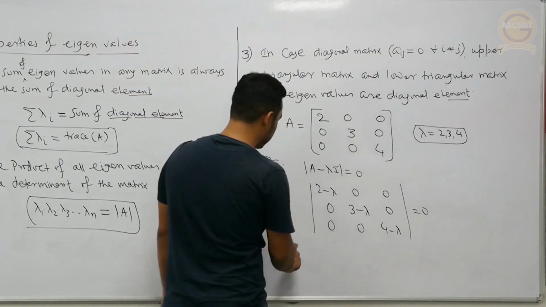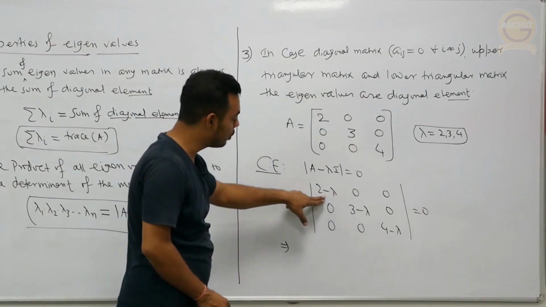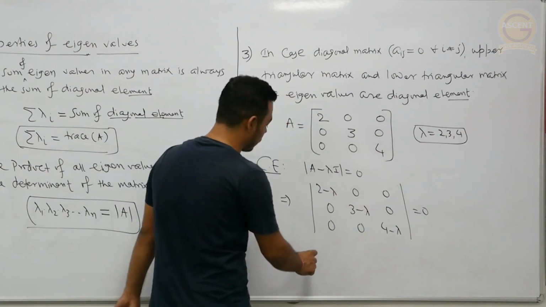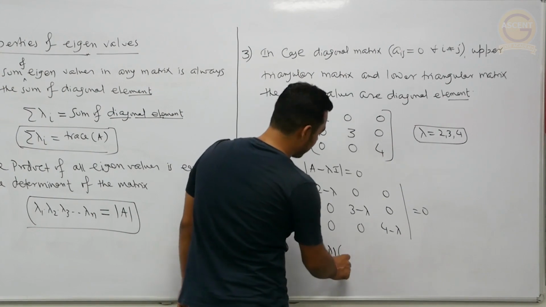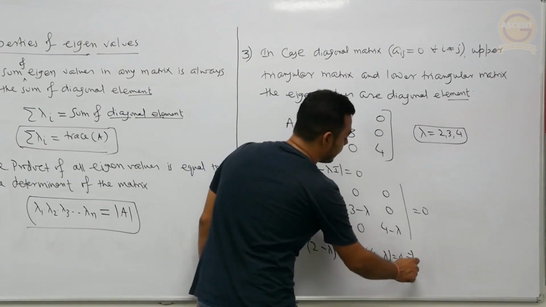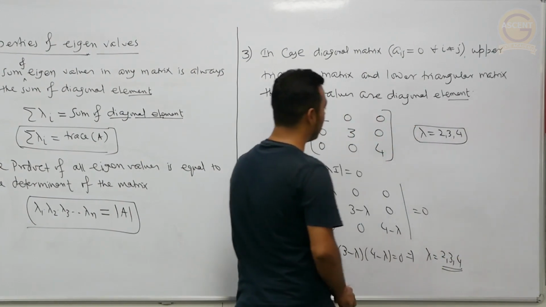Now if you expand this determinant along the first row or first column, what will you get? You will get 2 minus lambda multiplied by 3 minus lambda, 4 minus lambda equals 0. So 2 minus lambda, 3 minus lambda, 4 minus lambda equals 0, and this means the values of lambda that you will get are 2, 3 and 4. So these are the eigenvalues.